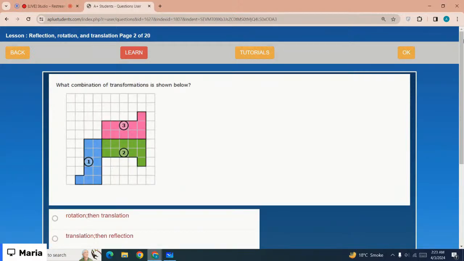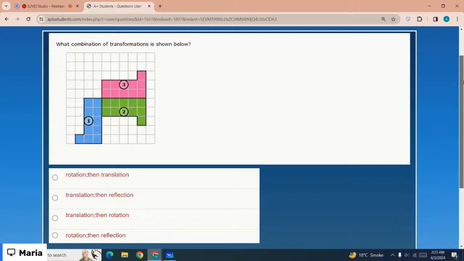Okay, the next one: what combination of transformations is shown below? So you started with 1, then you have 2, and then you have 3.